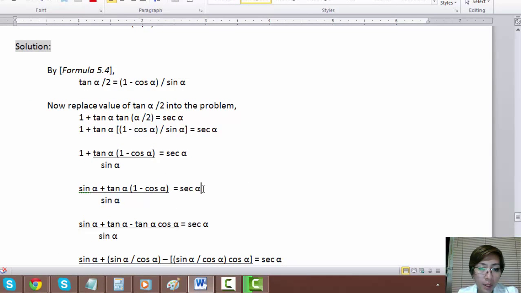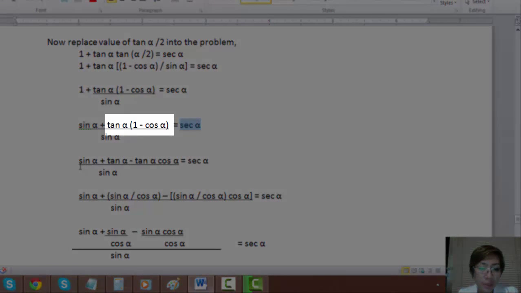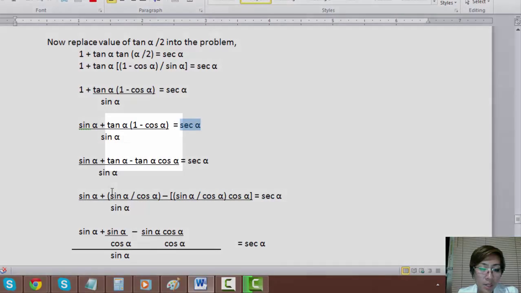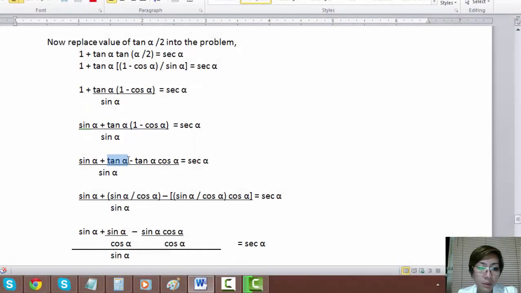If we multiply this one, tangent alpha into 1 minus cosine alpha, we arrive with tangent alpha coming from tangent alpha times 1, and then this one, tangent alpha cosine alpha, negative, coming from tangent alpha times negative cosine alpha all over the denominator, which is sine alpha.